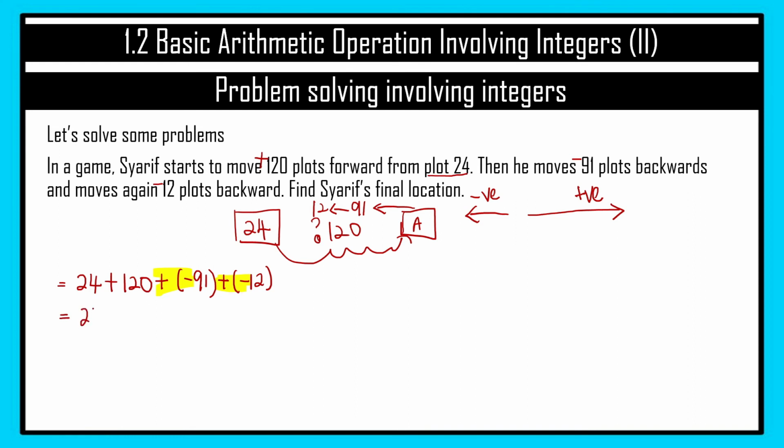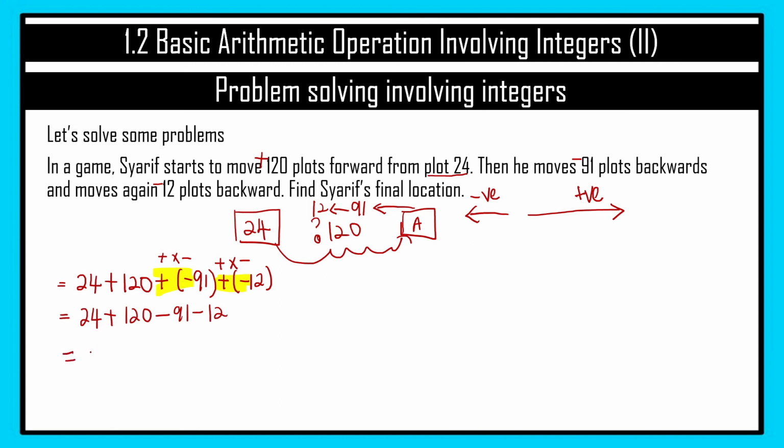I have not calculated 24, so I copy it down. Same with 120. So plus, minus, plus multiply negative, so it becomes negative. Positive multiply negative, this one becomes negative 12.